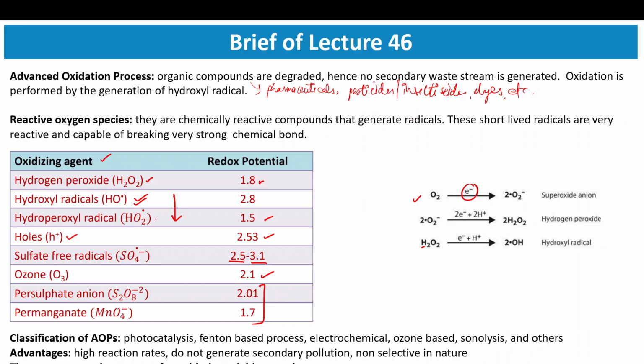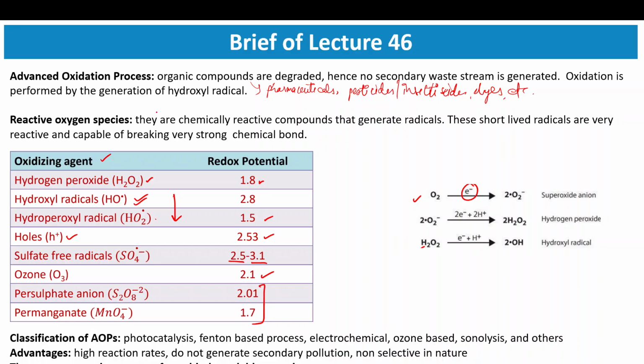When these types of compounds are present in wastewater, they usually don't get degraded by biological treatment processes. So here we utilize some strong oxidizing agents, and these are mainly radicals, right?